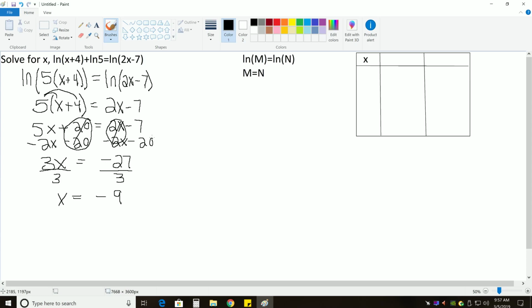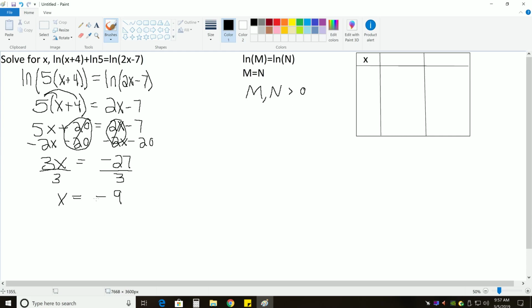Now remember, for our domain, whenever we're dealing with these problems, these natural log equations or logarithmic equations in general, doesn't just have to be natural log, we have to do a check to use this formula over here. It must be true that m and n are greater than 0.